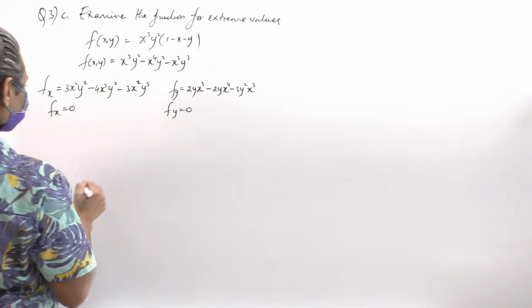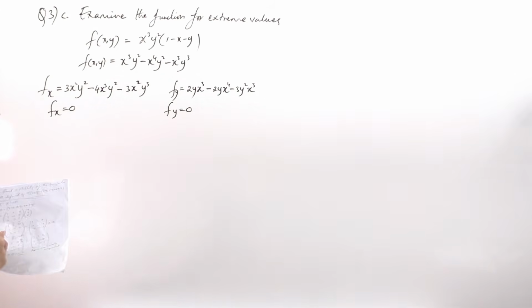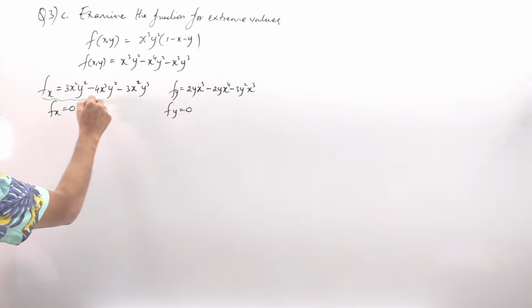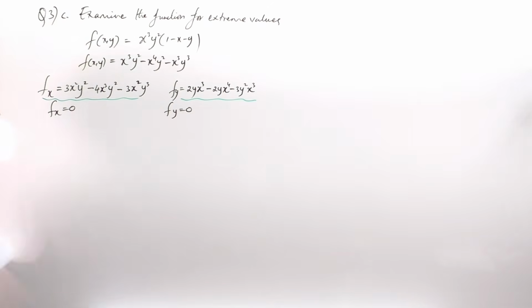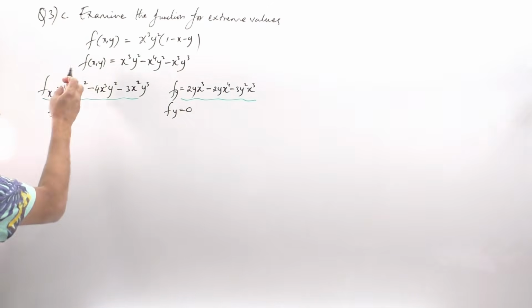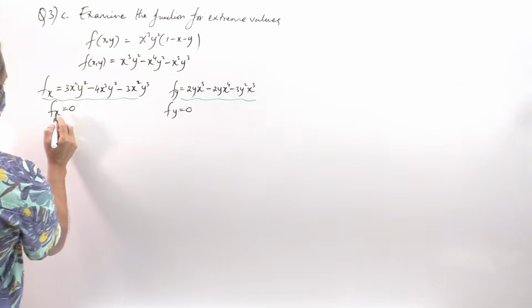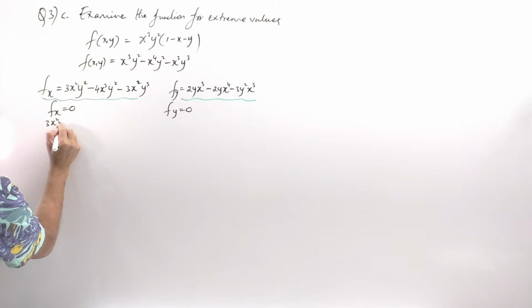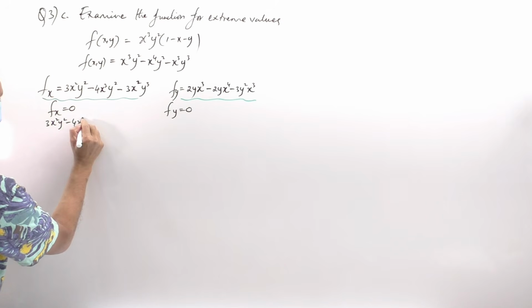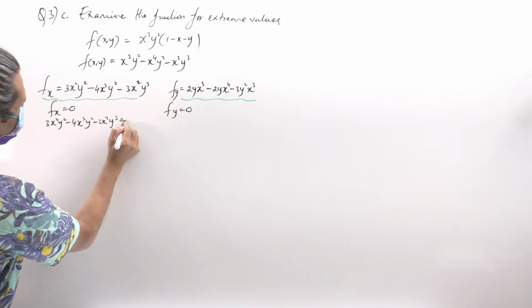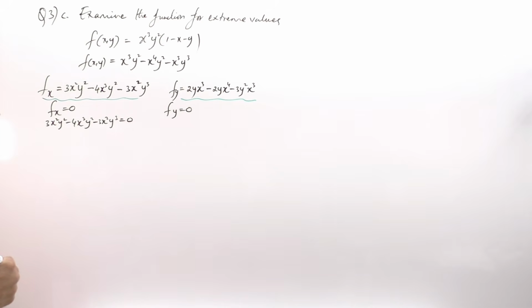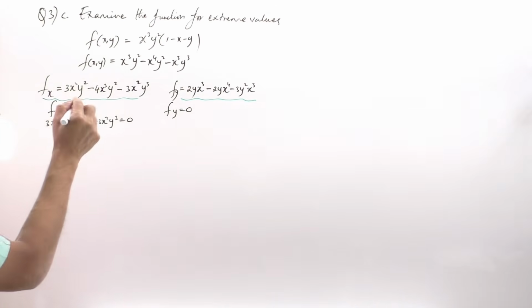So if we assign them, fx = 0, remember this value for fx here, we'll be using it later. This value and this value. Now fx = 0 means, what I will do here, 3x²y² − 4x³y² − 3x²y³ = 0. Here if you see, x² and y² are common.